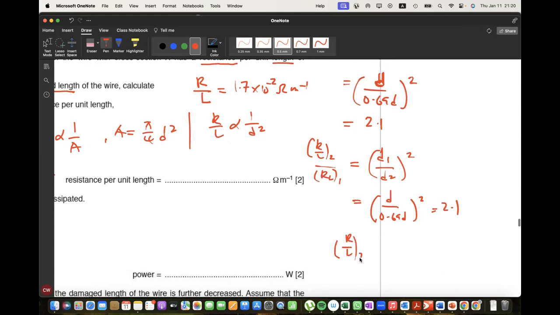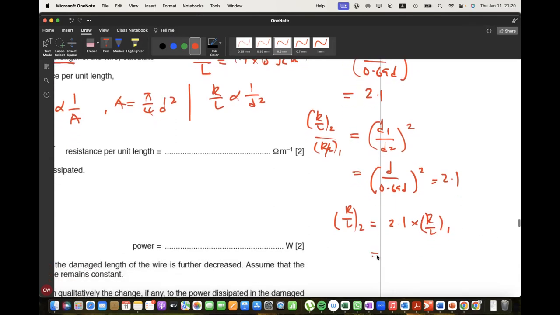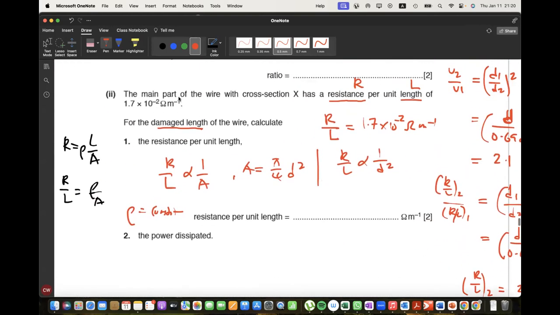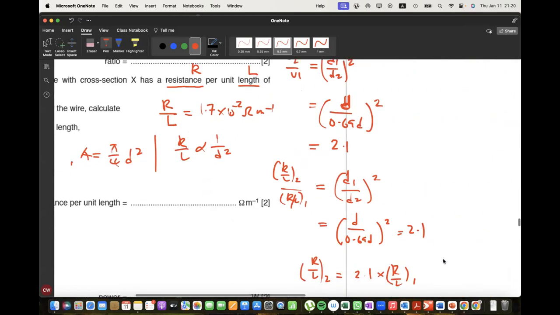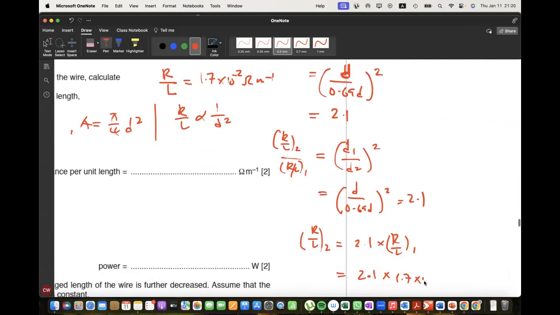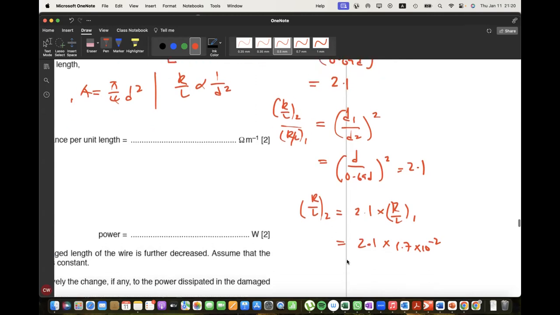R over L, number 2 is 2.1 times R over L, number 1. What is R over L, number 1? Originally, what is the ratio of R over L? So this value is this one, 1.7 times 10 to the power of -2.